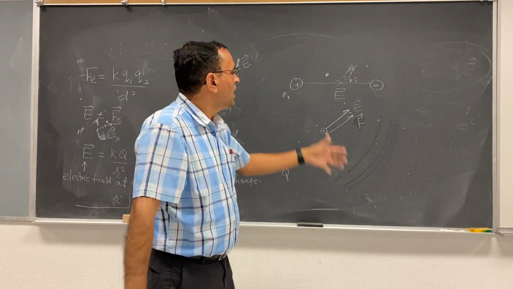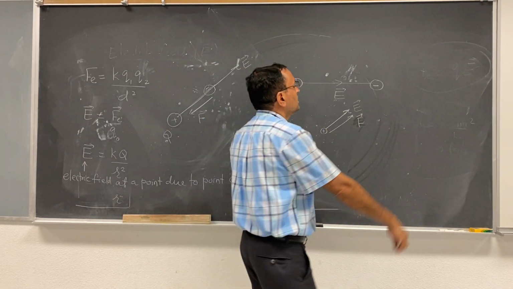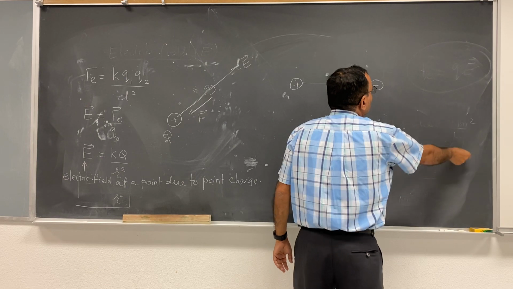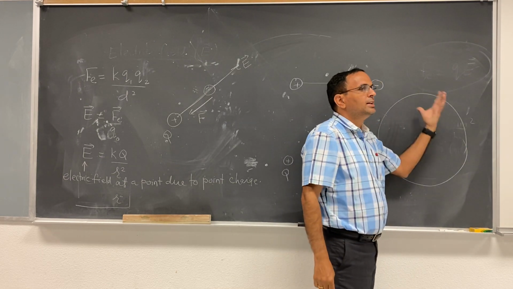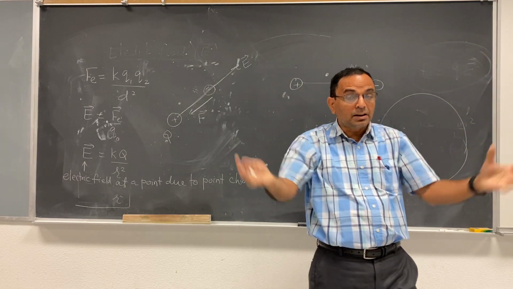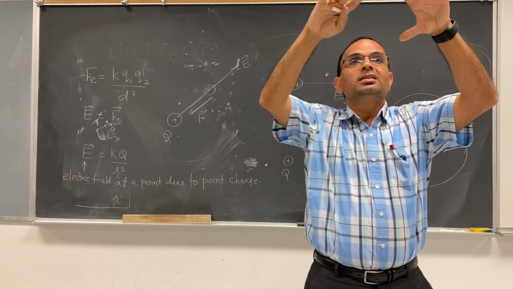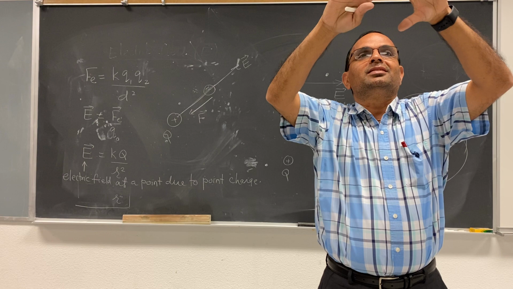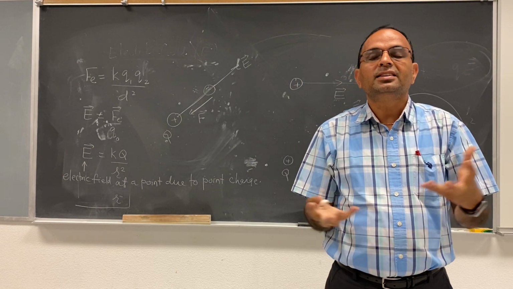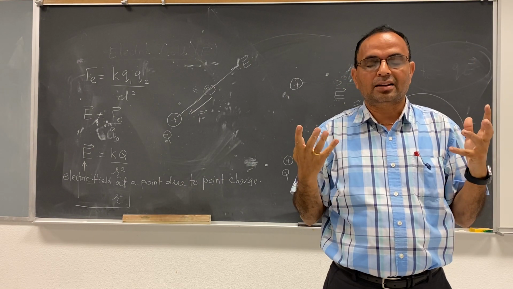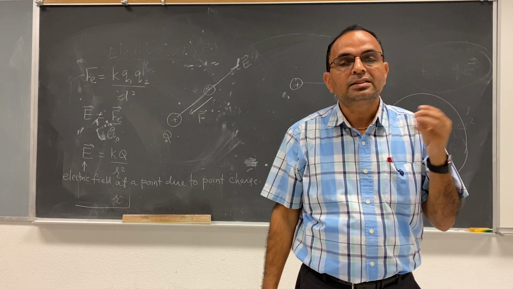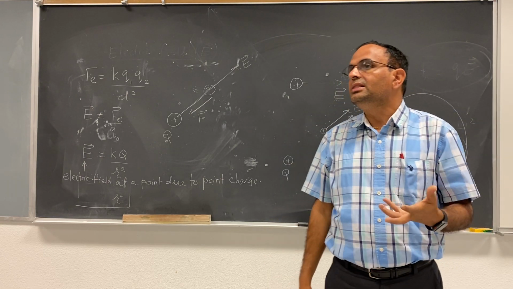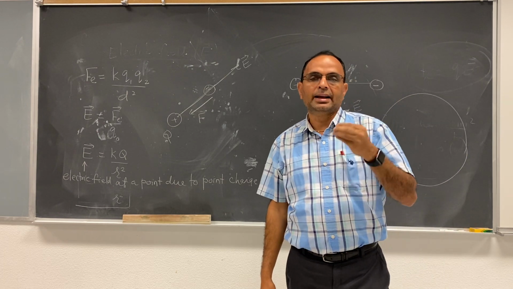But if you have something like a big charged sphere, like a basketball made of, let's say, copper, and that is charged, how do you calculate the electric field? That is a different story. We have to learn Gauss's law. That is my next lecture.